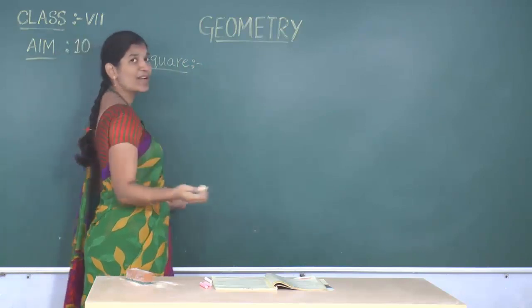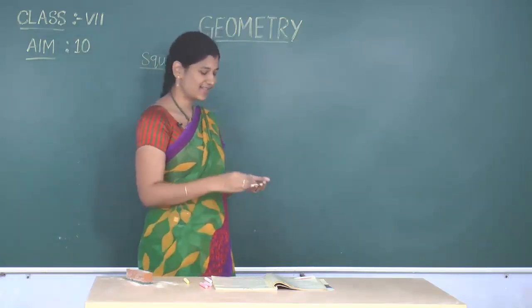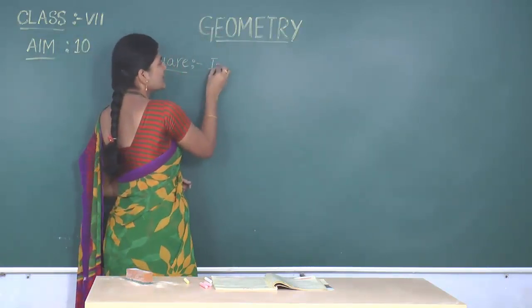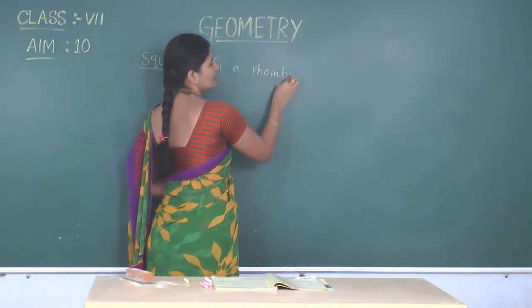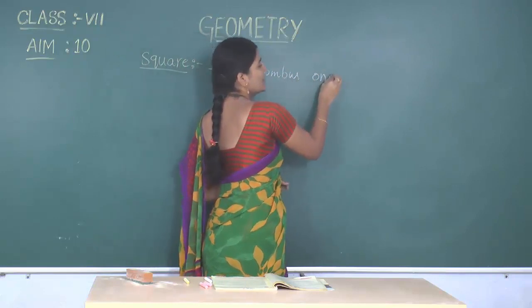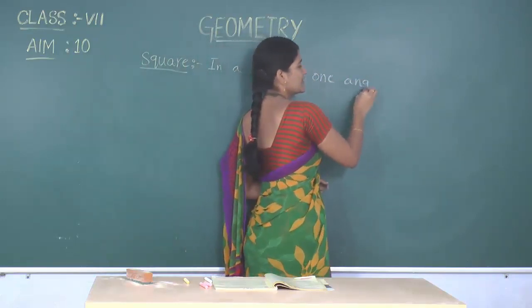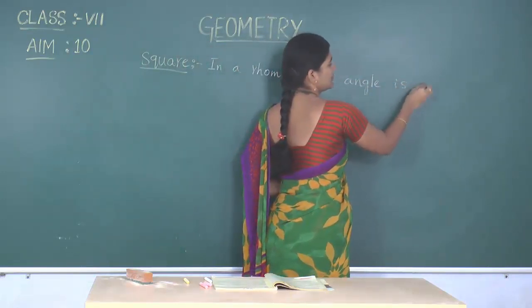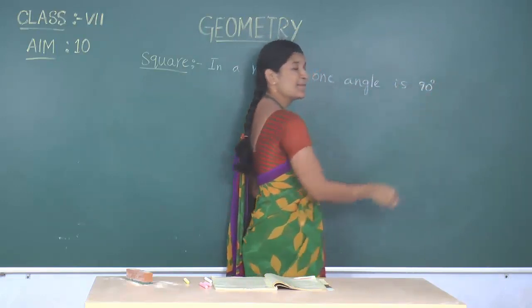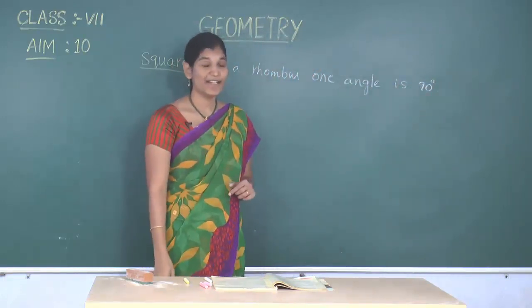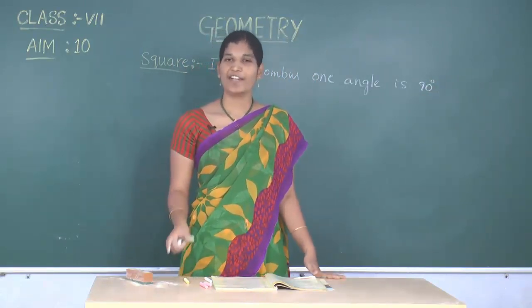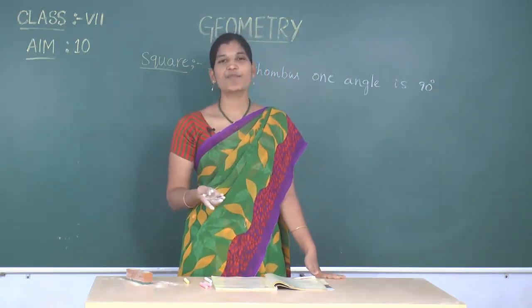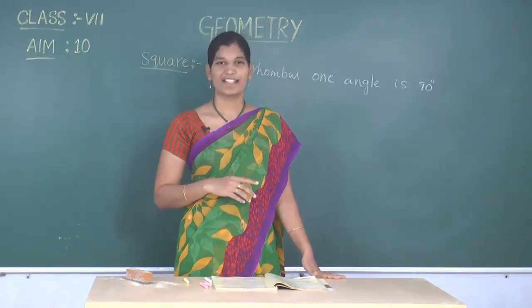In a rhombus, if one angle is equal to 90 degrees, then it is said to be a square. Otherwise, in a rectangle, if a pair of adjacent sides are equal, then also we can say it forms a square.